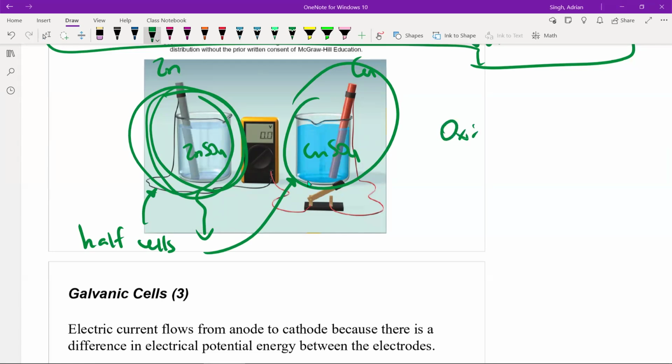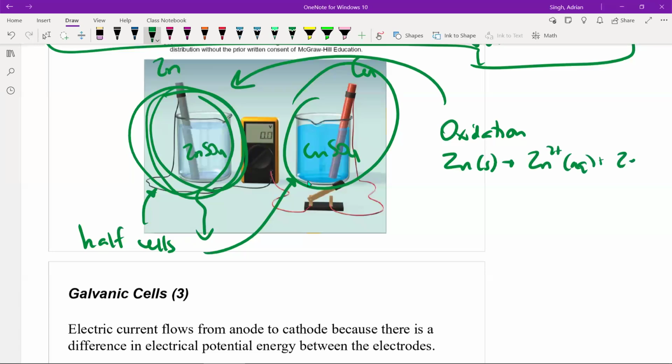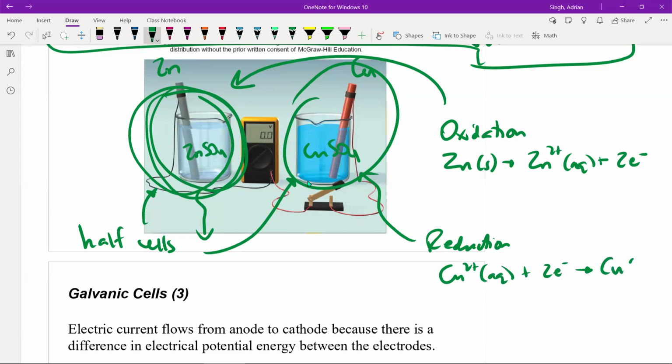The oxidation reaction that's occurring is this one here: we have our zinc solid becoming zinc 2+ (aq), and we get our two electrons. So it's losing those two electrons. And then the reduction is happening in the reduction half cell over here, where the copper 2+ ion is gaining those two electrons to produce the copper metal.